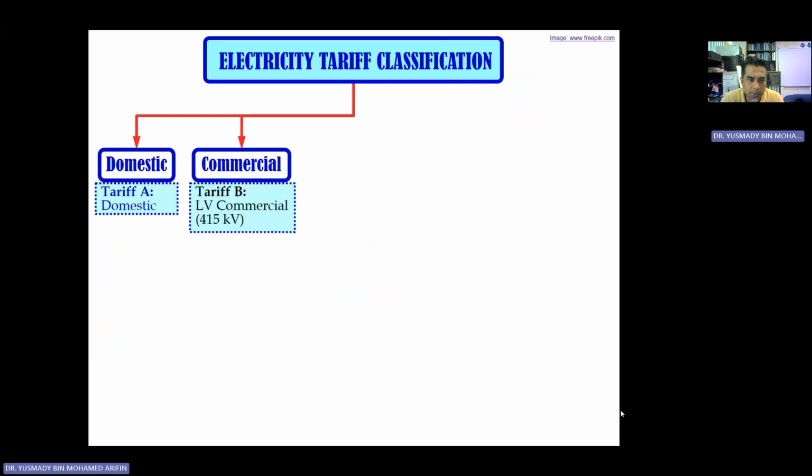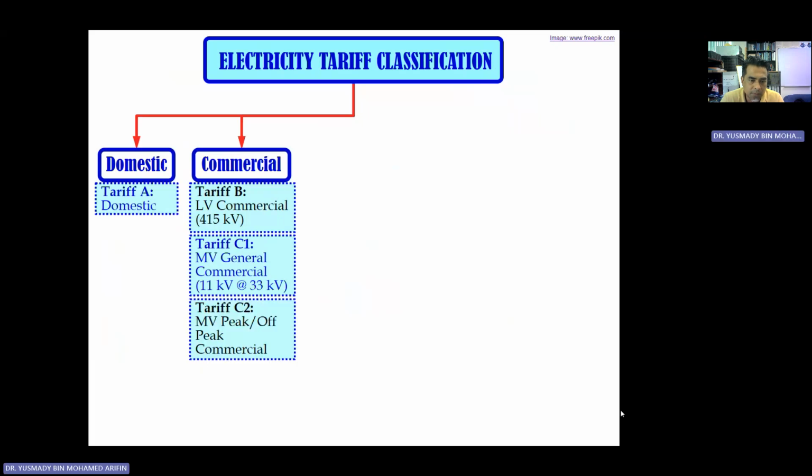For electricity tariff classification, we have a number of classifications. First, we have the domestic tariff, tariff A for domestic. We have the commercial tariff: tariff B for low voltage, tariff C1 for medium voltage, which is general commercial, and tariff C2 for medium voltage, considering the peak and also off-peak.